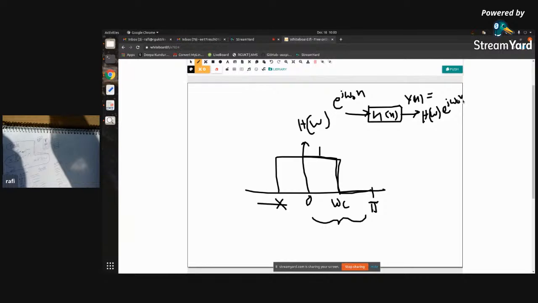This is from the eigenfunction, because e power j omega naught n is the eigenfunction. The output is this, and H is the constant. For omega naught, here also you will have H of omega naught.